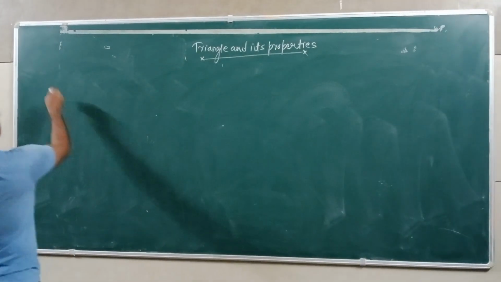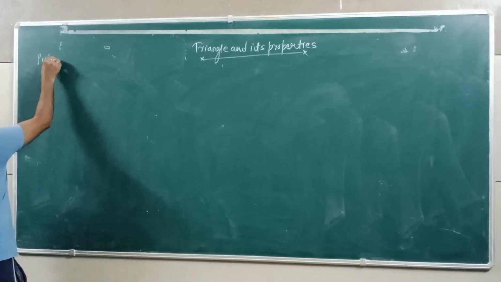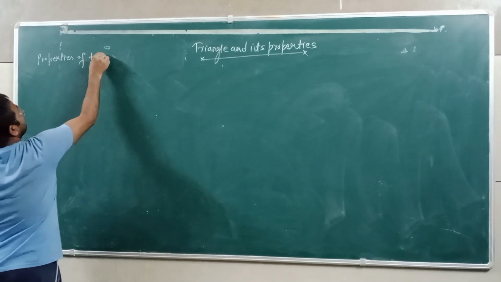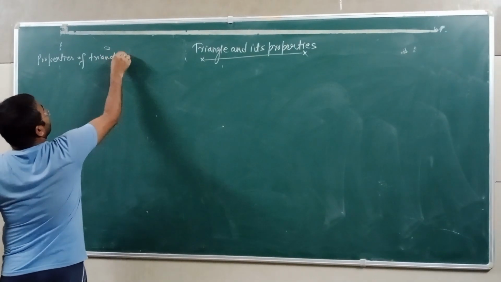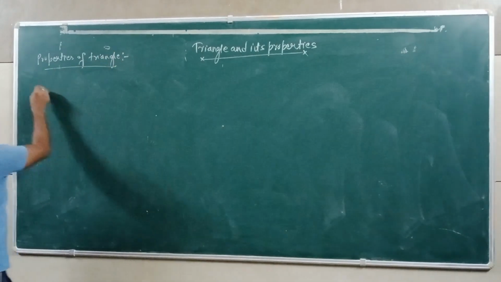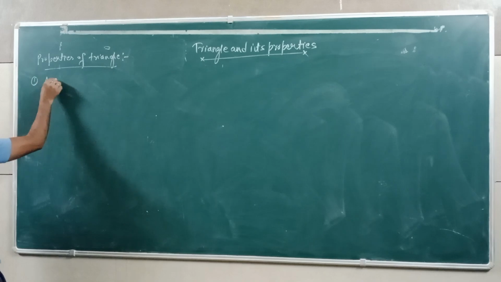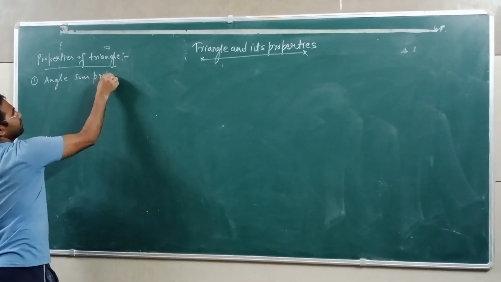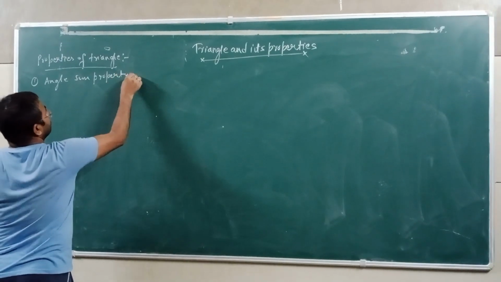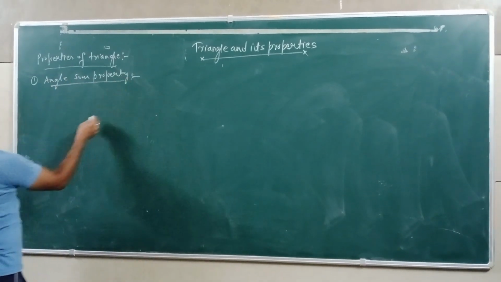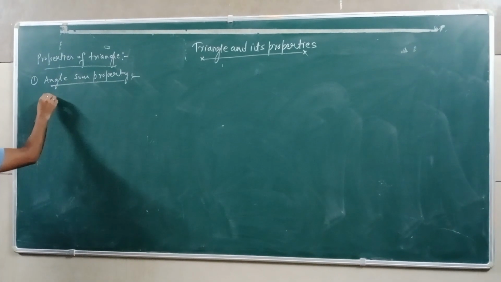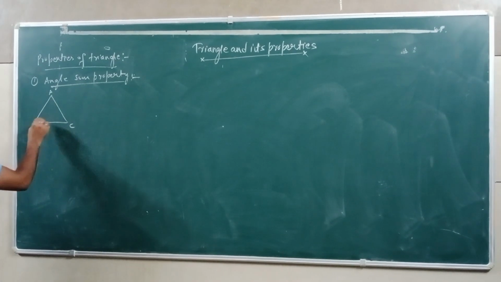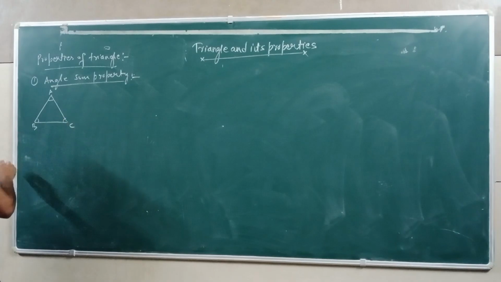Now see, first properties of a triangle. The first property is the angle sum property. Suppose there is a triangle ABC, then as you know there are three angles.